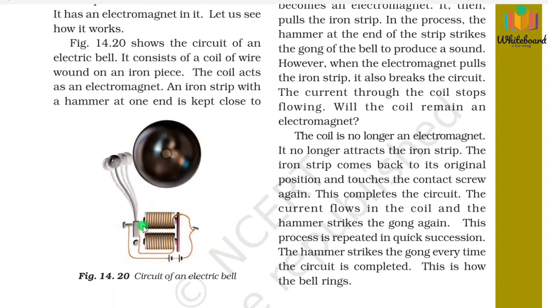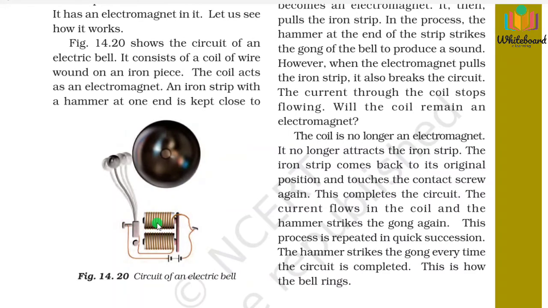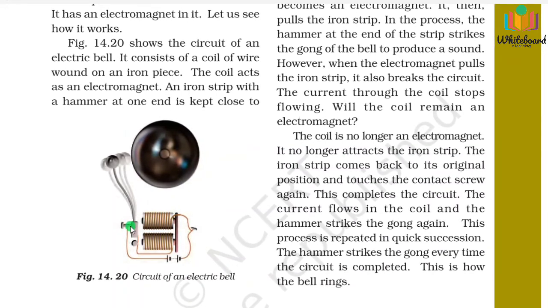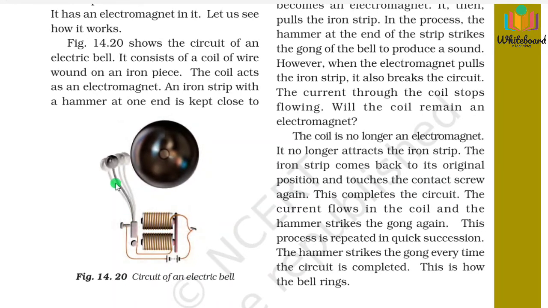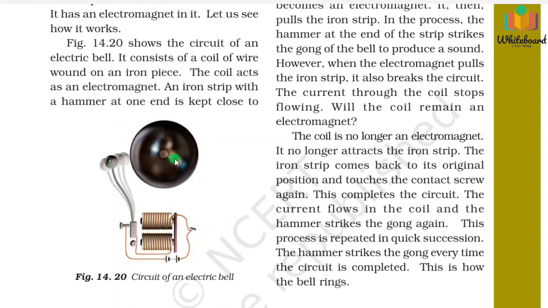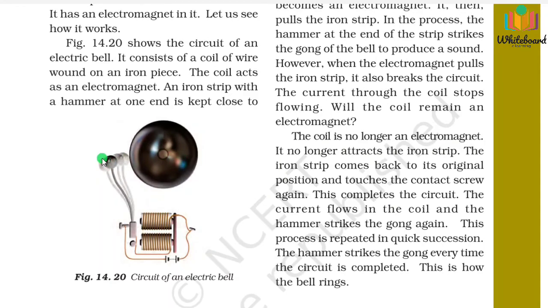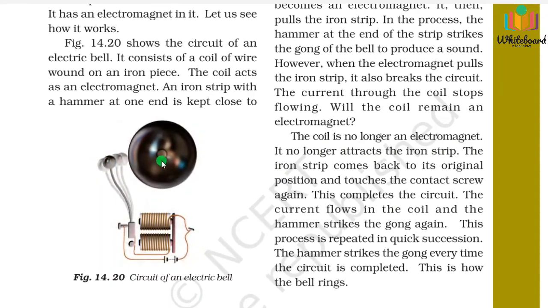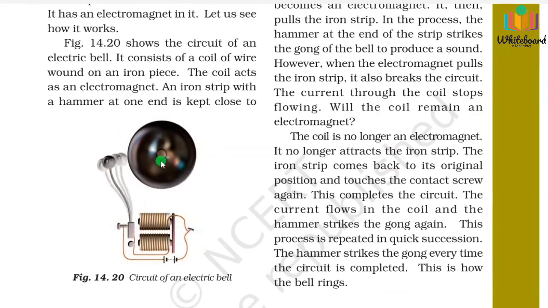In this way the electromagnet will be activated and then deactivated, activated and then the next moment deactivated. In this way this hammer will hit the gong in a repetitive way, and that is nothing but the ringing of the bell.